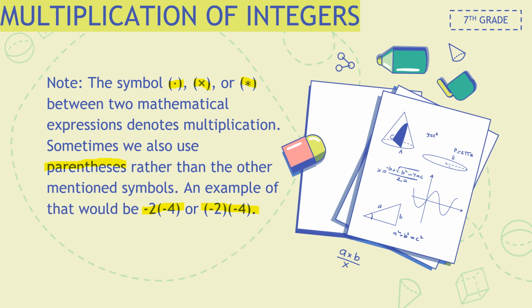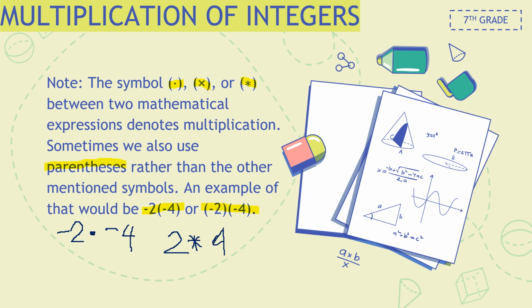So if you have seen this kind of given problem, ibig sabihin po, ang gagamitin nating operation ay multiplication. Or kapag ganito naman po, halimbawa, -2, and then you have seen a circle in the middle, and then we have -4, ibig sabihin pa rin po niyan ay multiplication. Maaari din naman po ang makita natin ay 2, tapos merong asterisk sa gitna, tapos number 4.